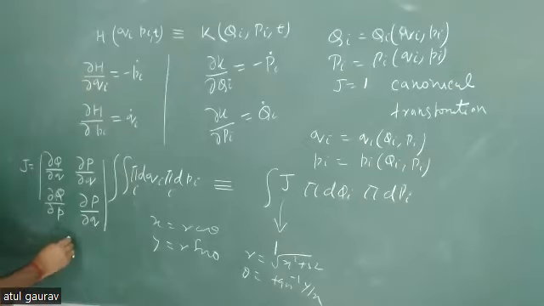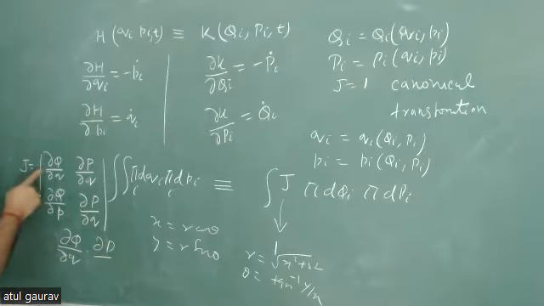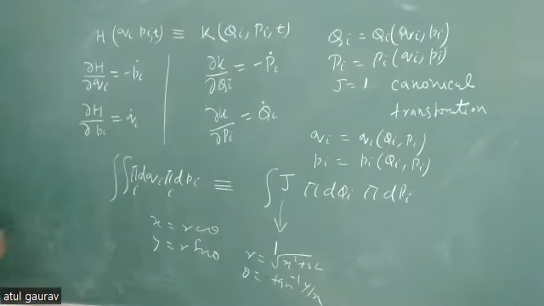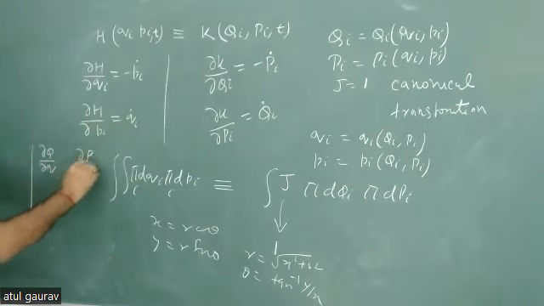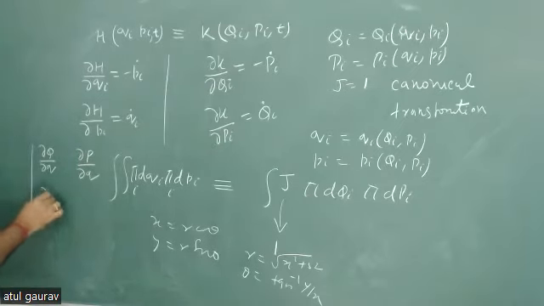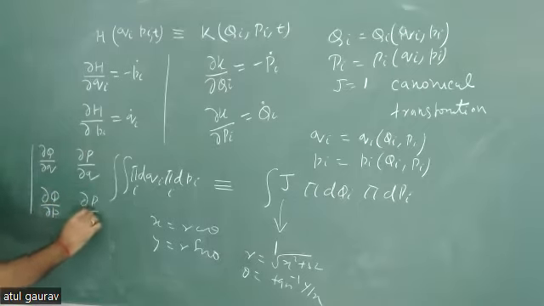When this is going to happen, then you have del Q upon del q, del Q upon del p, del P upon del q, del P upon del p. Okay, this is my Jacobian of a transformation.